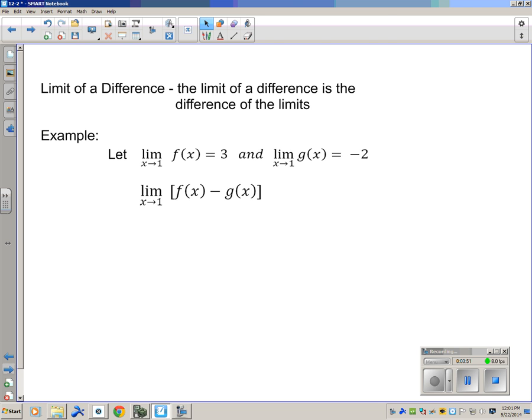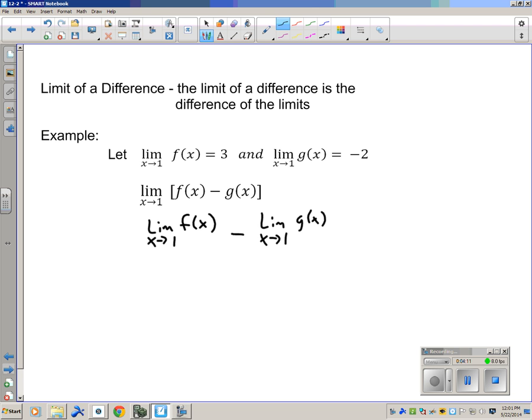So here you've got the limit of f of x minus g of x as x approaches 1. We can just pull them apart. So I'm going to do this portion, find that one, minus the limit of g of x as x approaches 1.